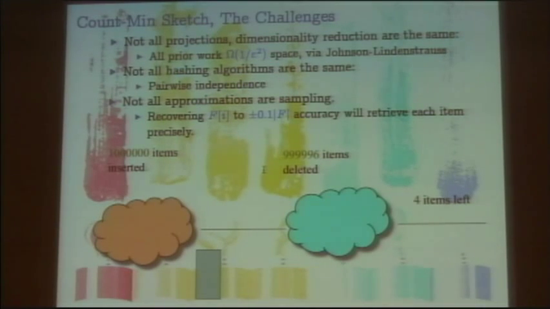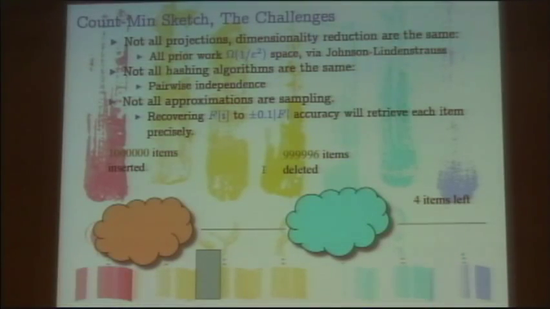Okay? So a good way to understand this is to think of someone who inserts or adds 1 to a million items, and you're allowed to keep a 1,000-byte memory data structure. So after having seen a million items, you have some representation of them, and it's not going to be exact. And then this person chooses to remove all but 4 of the items out of the million.